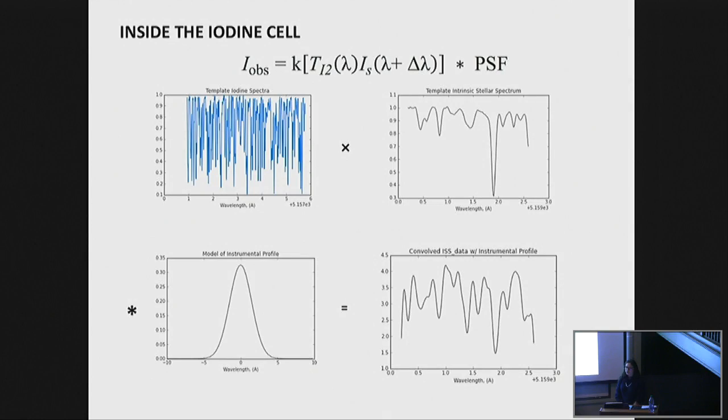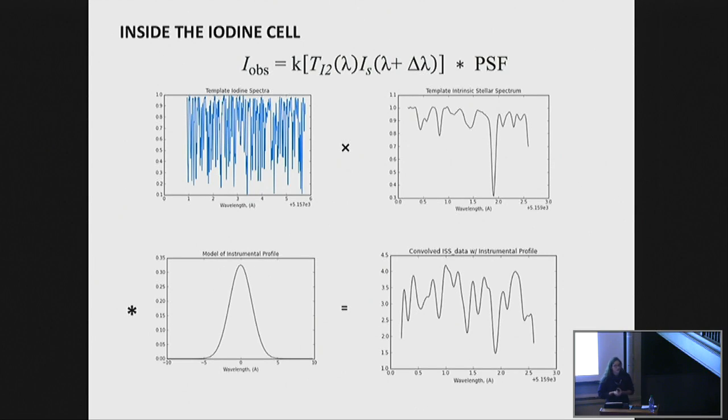In order to show you schematically what exactly is happening inside the iodine cell, I am going to use Butler's 1996 model, where spectra taken through an iodine cell are modeled as I observations. Essentially, as the stellar beam crosses the iodine cell, we have gaseous iodine kept at 50 degrees Celsius inside the cell, and this iodine acts as a transmission filter against which we can impose thousands of extremely sharp lines on the starlight.